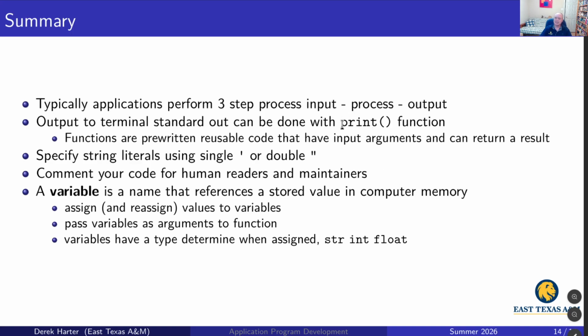Print doesn't actually return a result. As a side effect, whatever arguments you give it end up being shown on standard output, whatever the standard output currently is. Specify string literals using single or double quotes, or I should add the 3 quotes if you need a multi-line string literal.